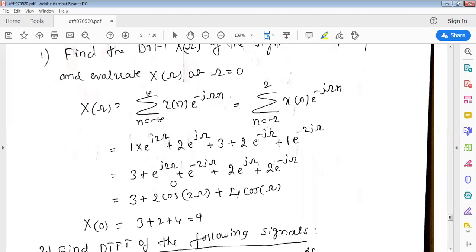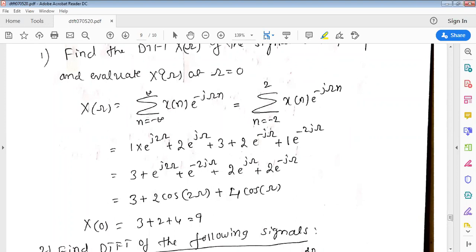Now what happens? E power jx plus e power minus jx is nothing but 2 cos of x. So I'll write 2 cos of, what is x here? 2 omega. Same way, here I have already 2, I'll get one more 2, 2 into 2, 4 cos of omega. Therefore, this is your x of omega.